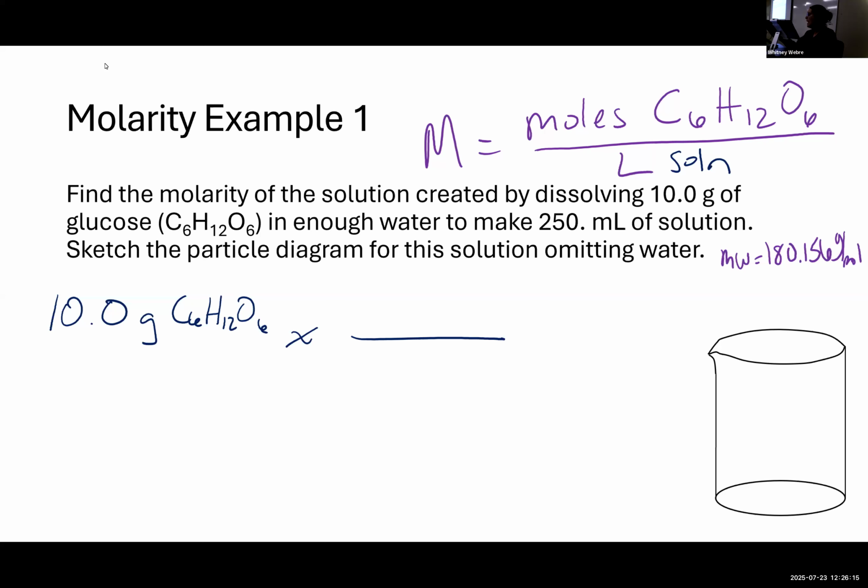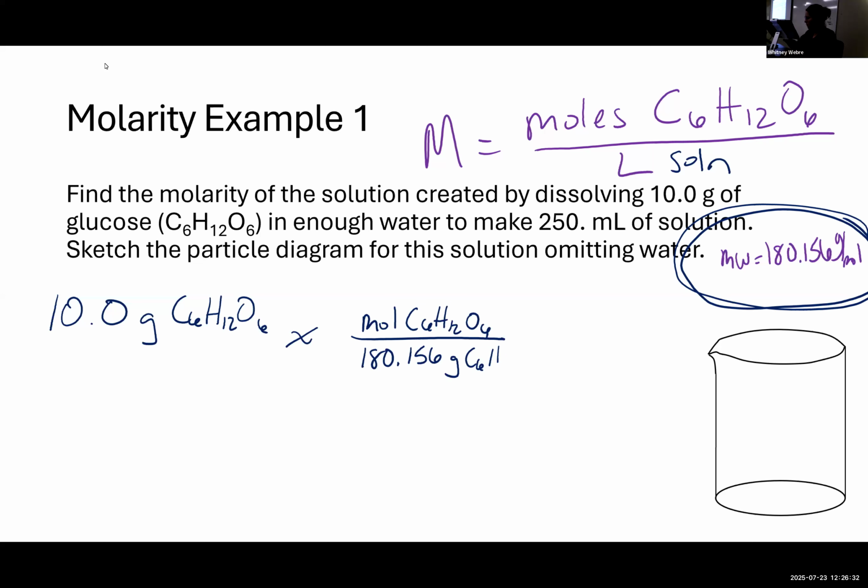Okay, so what I have to do here is to have moles on top. So that means I have to take the inverse or put the 180 on the bottom. That way my grams will cancel and I will be left with moles.